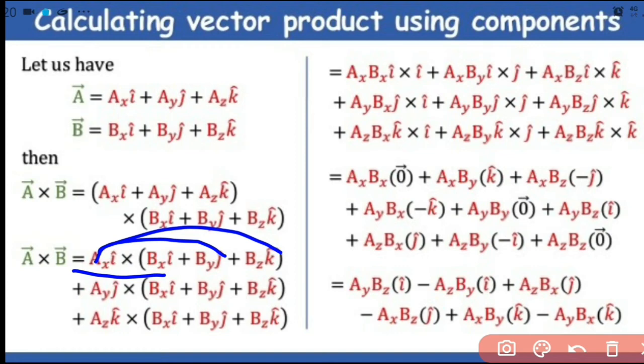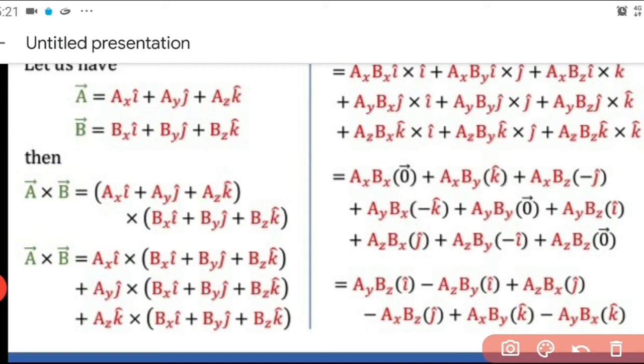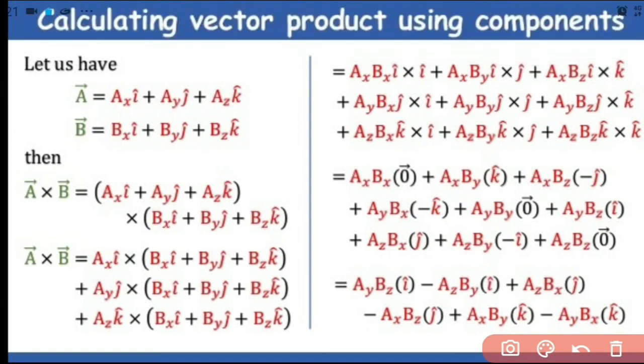Now coming to the fourth term, we have ay bx j cross i, then ay by j cross j, then ay bz j cross k. Now the seventh term az bx k cross i, then eighth term az by k cross j, and finally az bz k cross k.